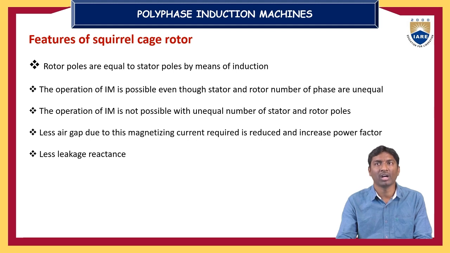So the stator and the rotor poles should be equal here. And with the less air gap, the magnetizing current required is reduced and the power factor is increased, and there is less leakage reactance in the squirrel cage rotor. So these are the features of the squirrel cage rotor.